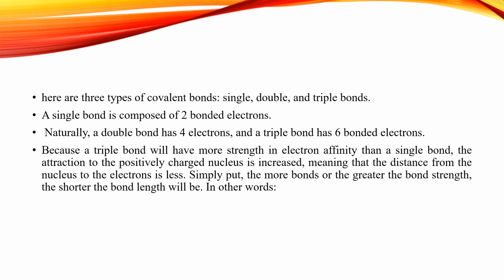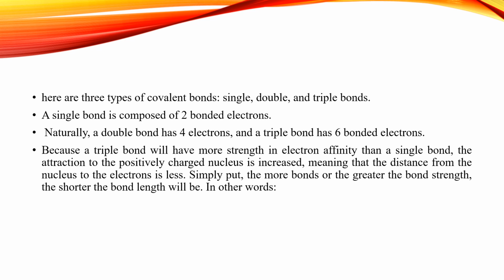Because a triple bond will have more strength in electron affinity than a single bond. એટલે કે triple bond હોય એની electron affinity ની strength કેવી હોય? વધારે હોય, as you know, single bond કરતા. And the attraction of the positively charged nucleus increases, meaning that the distance from the nucleus to the electron is less.